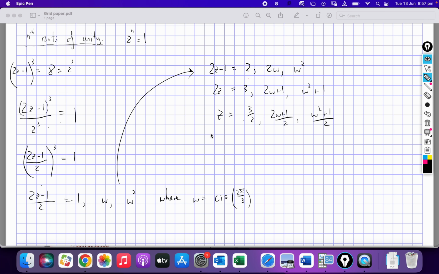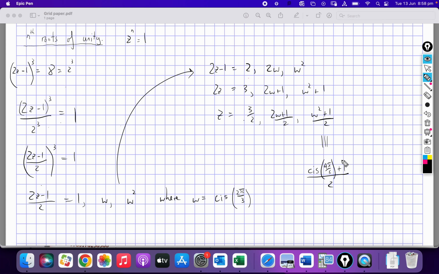Basically what this is saying is, if the z value is 3 on 2, and I take it back here, what's 2 times 3 on 2? It's 3. 3 minus 1 is 2. 2 cubed, yep, it works. It equals 8. What about this third root, which would be w squared plus 1, all divided by 2? So that third one is equivalent to cis 4 pi on 3 plus 1, all divided by 2.